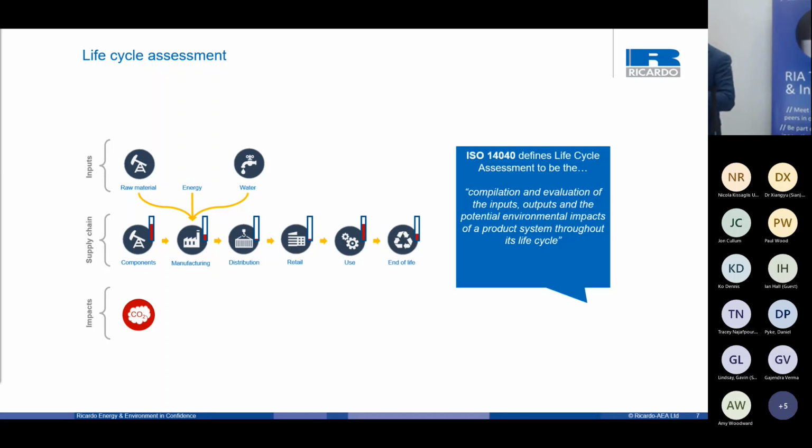And in the earlier slide, I had a little pie chart, and I should have mentioned it then, but Ricardo's emissions, and we're a consultancy with a little bit of manufacturing, our Scope 3 emissions is 96% of our overall footprint. And when we first calculated that, we sort of picked our chin up off the floor and thought, well, why is this?